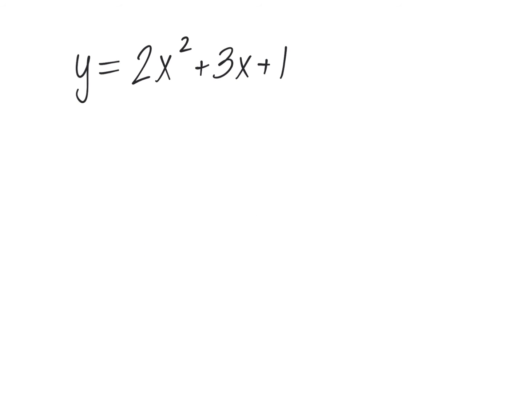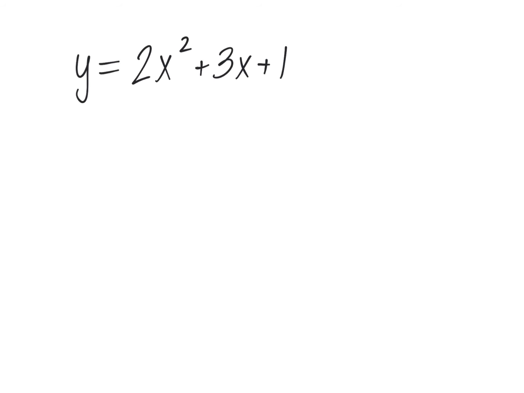What happens when my vertex is not a whole number? And it's not 1/2. If you make a table, you're not going to see symmetry, and we're going to talk about why and how to deal with that.